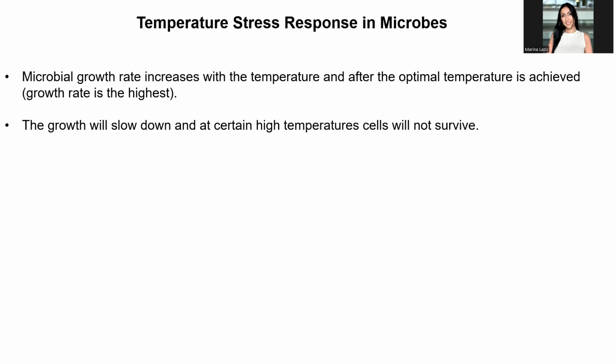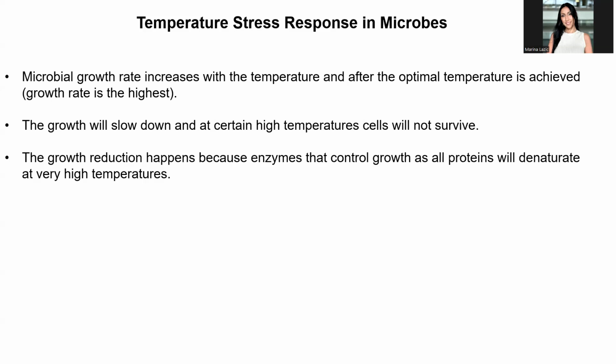Growth rate increases until the optimal temperature is achieved, and at the optimal temperature, growth rate is the highest. After going above that optimal temperature, growth rate will slow down, and the cell cannot survive.